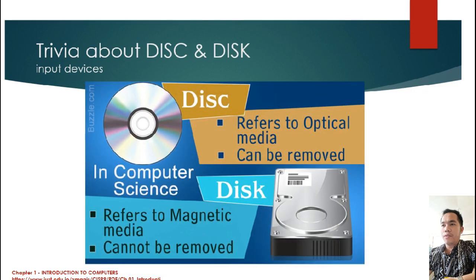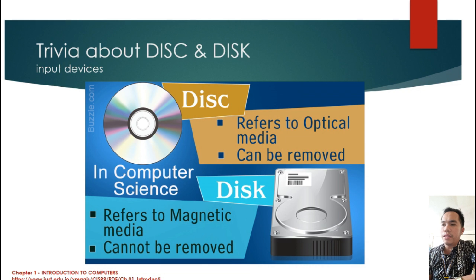I have a trivia about disk and disc. Siguro may nagkalituhan kung ano yung kaibahan ng disk sa spelling. So, from puzzle.com, when we say disc na C ang huli, this refers to optical media, can be removed. So, if these are removable, then the spelling is DISC.